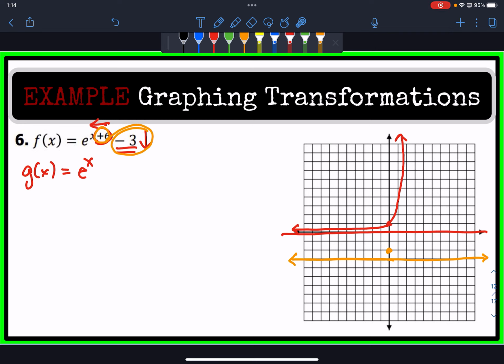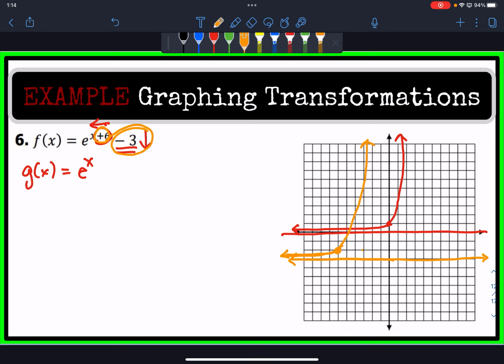I also need to move it 6 units to the left. So I need to grab this point and move it 6 units also to the left. So 1, 2, 3, 4, 5, 6. And again, just drawing the general direction that the graph is moving. It's increasing. The graph is going to look like that. There's no reflection of any kind, so the graph should look something like this.